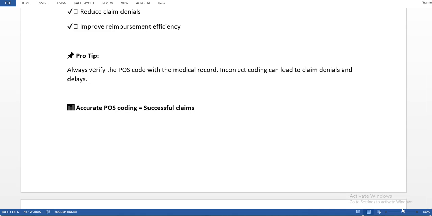So what is the pro tip here? Always verify the POS code with the medical record. As all of us know, incorrect coding can lead to claim denials and delay in getting the reimbursement. It is simple: accurate POS coding equals successful claim.